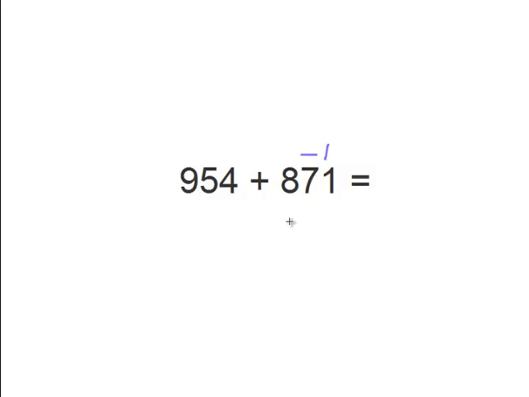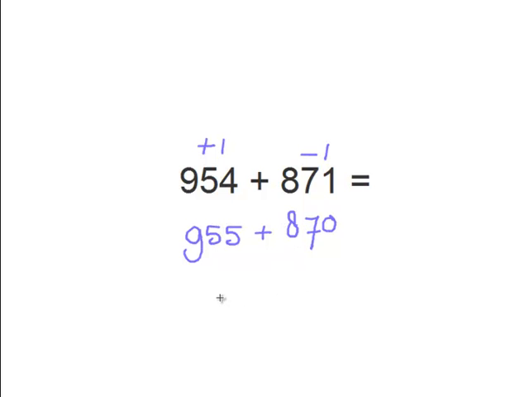So it makes the most sense to subtract 1 from the 871 to make it 870. And so we should add 1 to the 954. So that makes it 955 plus 870.